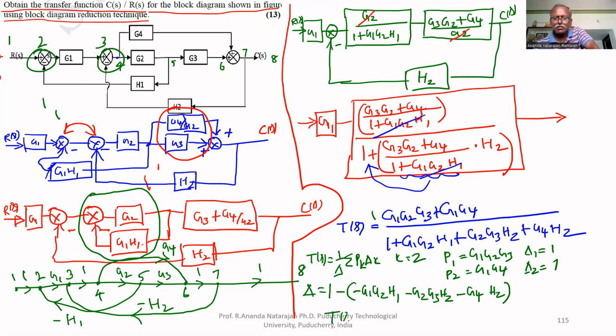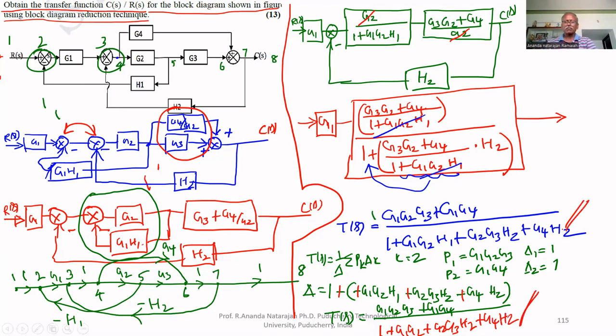Therefore, T(s) equals the numerator G1 G2 G3 plus G1 G4, and the denominator, where each loop is minus and minus minus becomes plus, is 1 plus G1 G2 H1 plus G2 G3 H2 plus G4 H2. We got both the same. Therefore, we got the same answer.